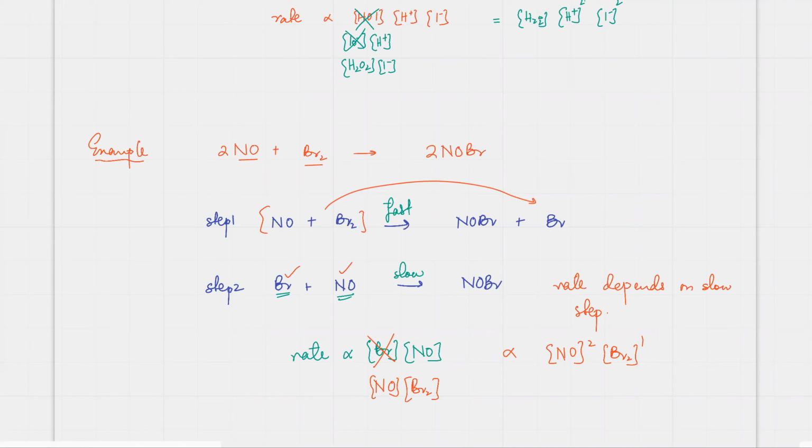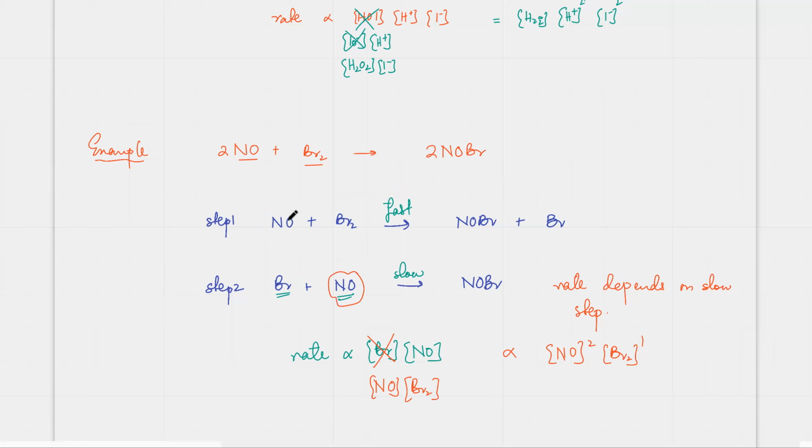And I'm going to explain how that's going to happen. If you change the concentration of NO, what happens to the slow step? The slow step would speed up, right? But NO is also involved in the first step.